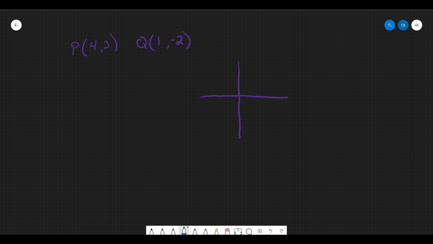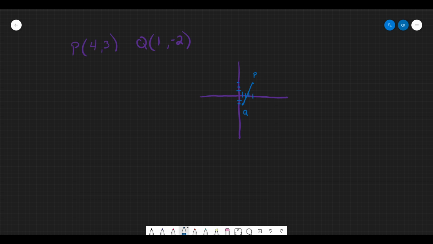I'm going to graph the point P, which is 4, 3. So I'm going to have the point right here. That's the point P. And then the point Q is going to be at 1, negative 2. So that's going to be right here. So I'm going to want to find the distance between these 2 points.